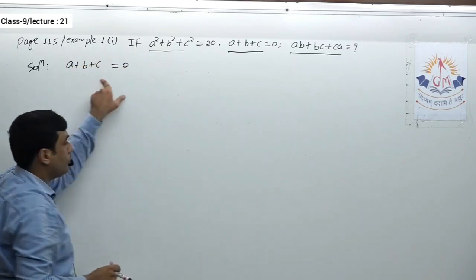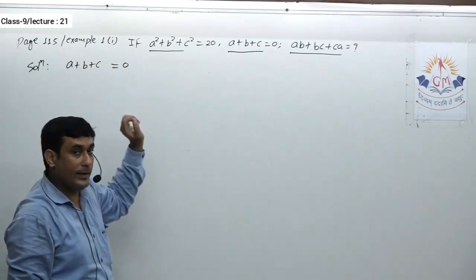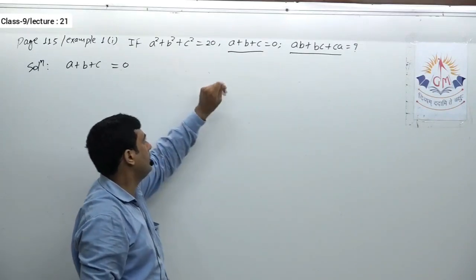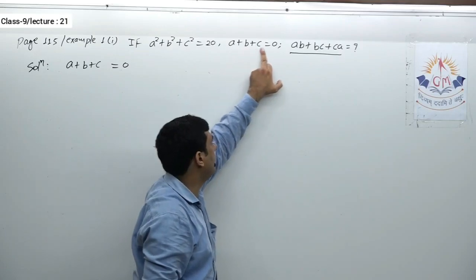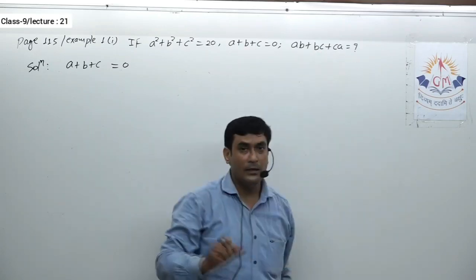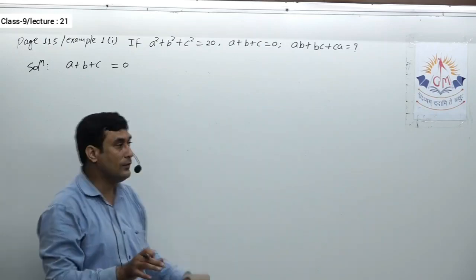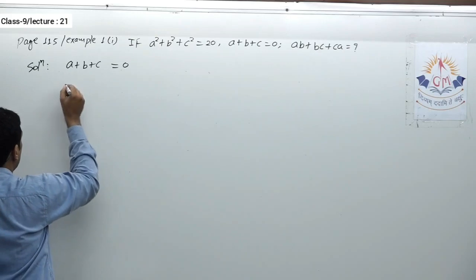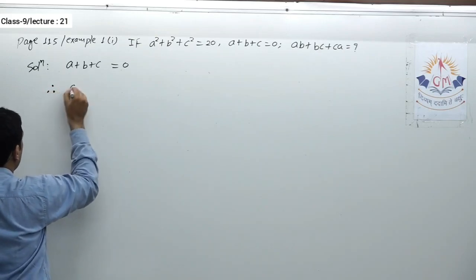Now if you square it on both sides, then in the expansion you will get a square plus b square plus c square, as well as ab plus bc plus ca. These different expressions you will get in the expansion of (a plus b plus c) whole square. So we have to square it.